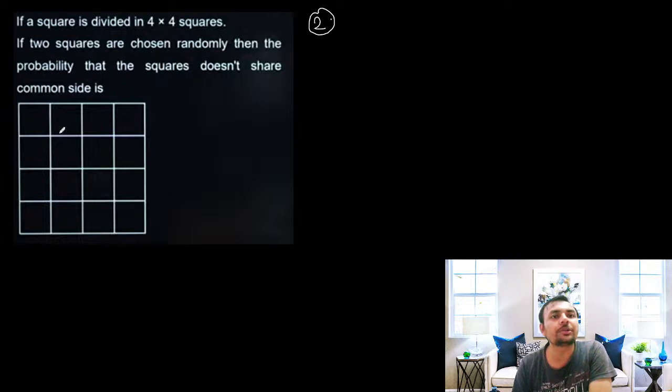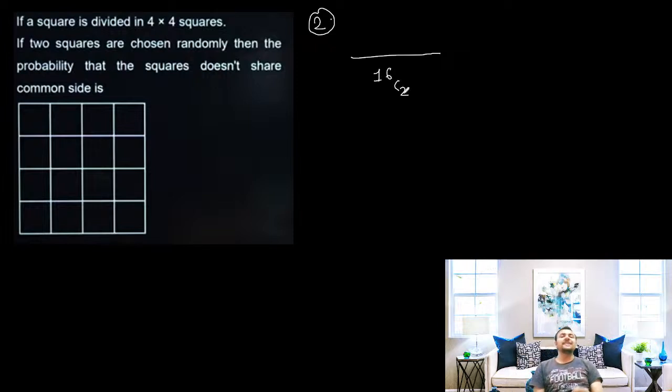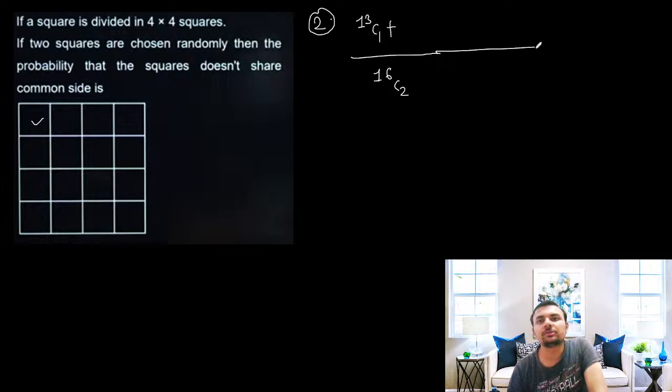So one thing is that we have 16 squares. So total sample is 16C2. And now the sample in which they should not be side by side. So if you choose this one, we should minus 2 and choose all. That means 13C1 plus, if we choose this one, then 1 2 3 sides are here, we can eliminate 3.